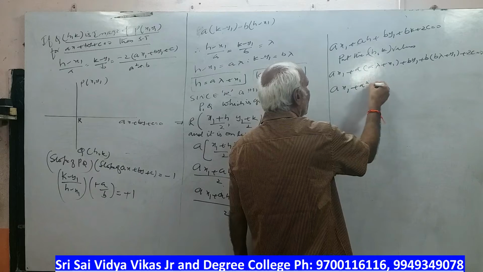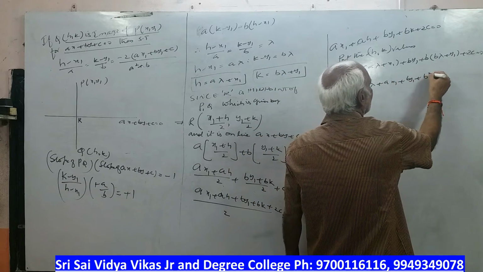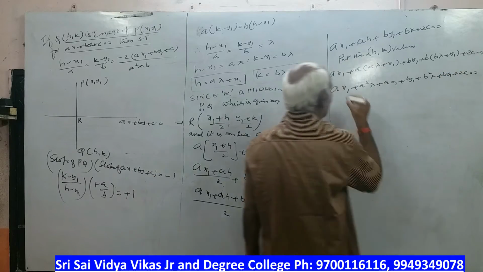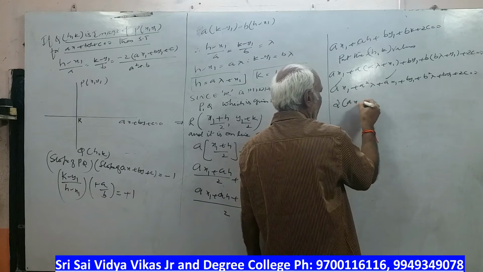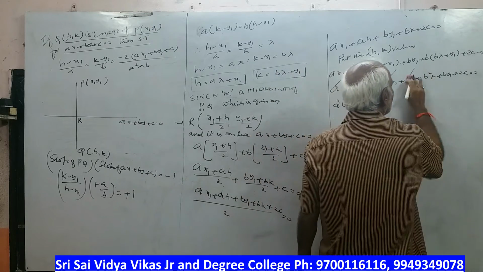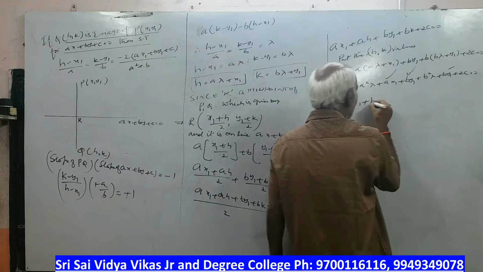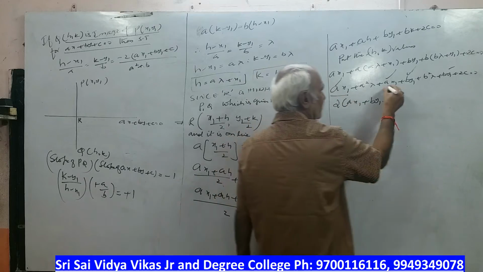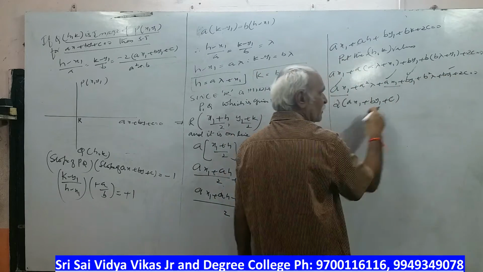So ax1 plus a square lambda plus ax1 plus by1 plus b square lambda plus by1 plus 2c is equal to 0. Here ax1 is repeated, so 2ax1, then by1 plus by1 is 2by1, and 2c.